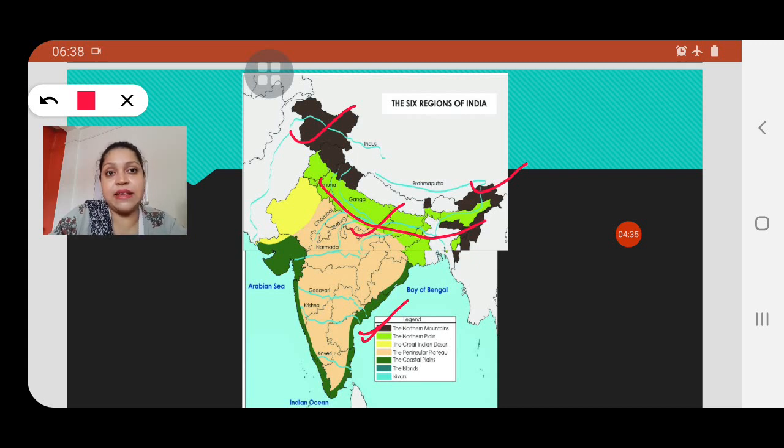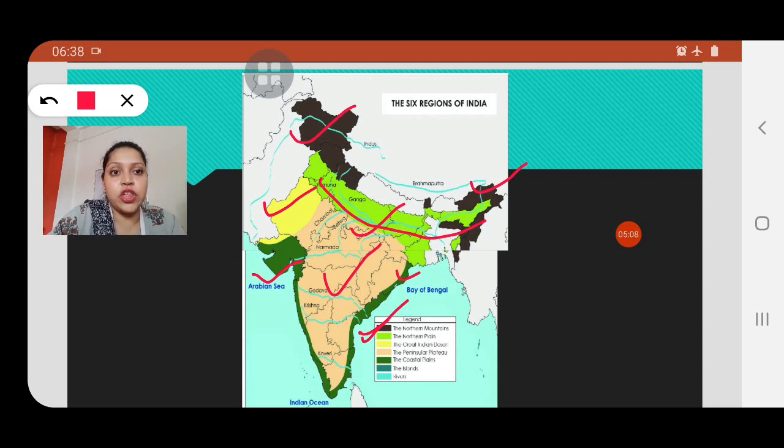Then the yellowish color is the great Indian desert. Then you have children the slight brownish color which is the central highland. Then you have the dark green color which is the coastal plains. And lastly, you have the islands. You have the islands on both the eastern and western part of India, in the waters of India, and the two islands are Andaman Nicobar Island and Lakshadweep.